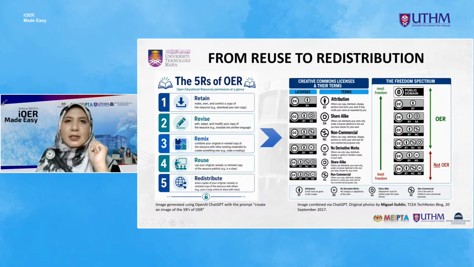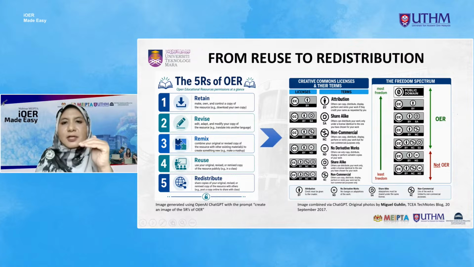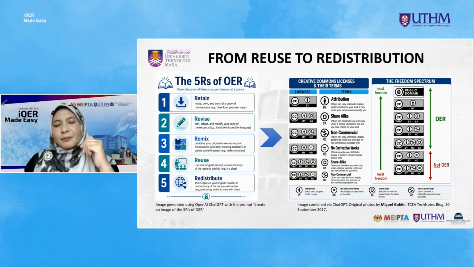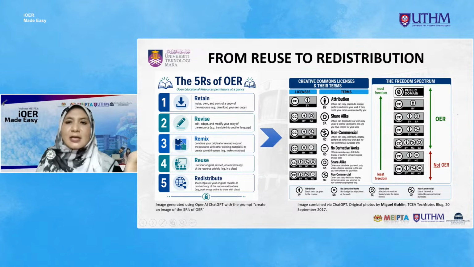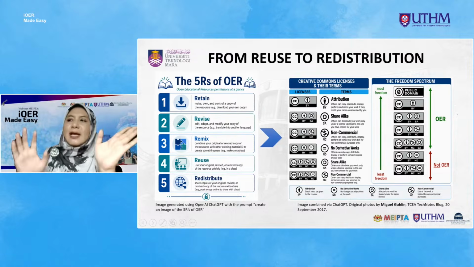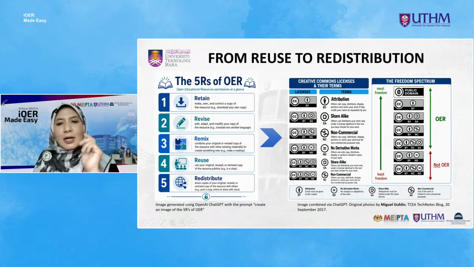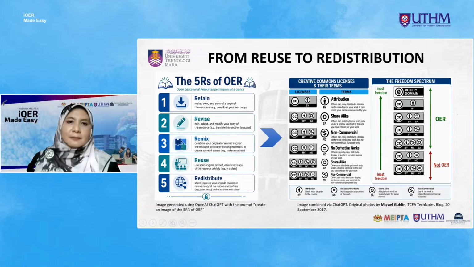You can still put the license there. Let's say copyrighting the material takes a long time, so you can put the license first, then go for copyright. Even with copyright, to use it you still need to ask for consent from the owner. But if they put the copyright and the license, you should know what to do with the materials.